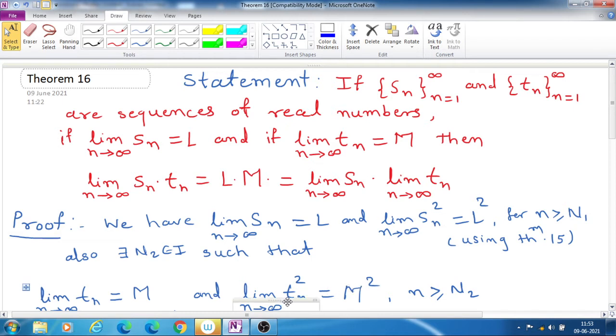So in this theorem we have to prove that the limit of a product of two sequences Sn and Tn is equal to the product of their limits, L into M.